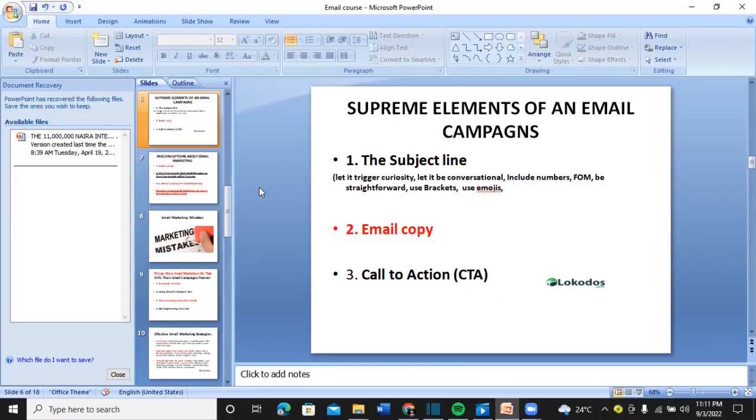Next, use brackets. You see brackets, free webinar, and then you see the title. Of course, you do see such in your email a lot. So it is a strategy used to make sure that email subscribers or email receivers open their email. Now, finally, use emojis.